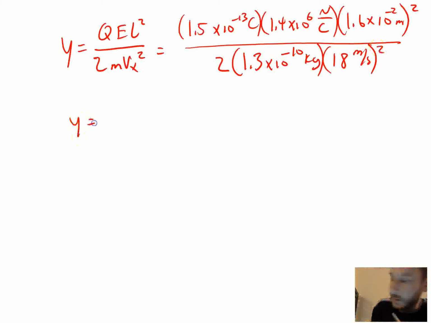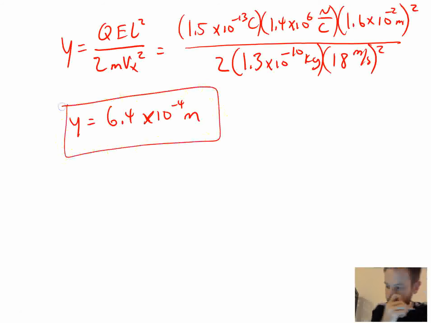Plugging that into our calculator, we find that the y displacement is 6.4 times 10 to the negative 4 meters. And that is our result.